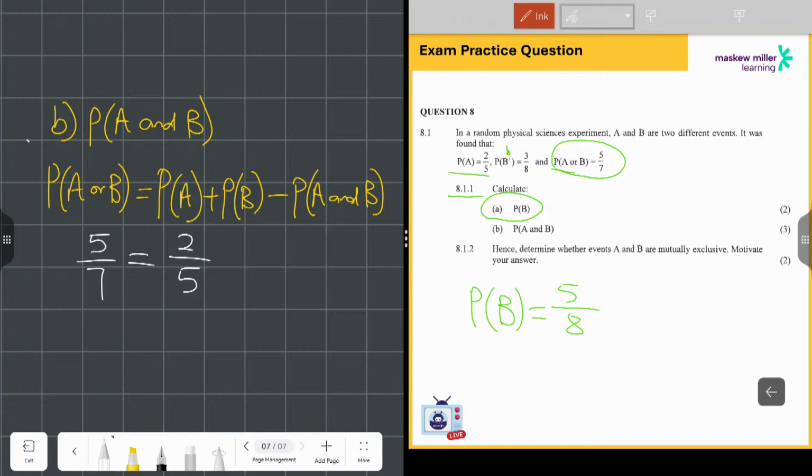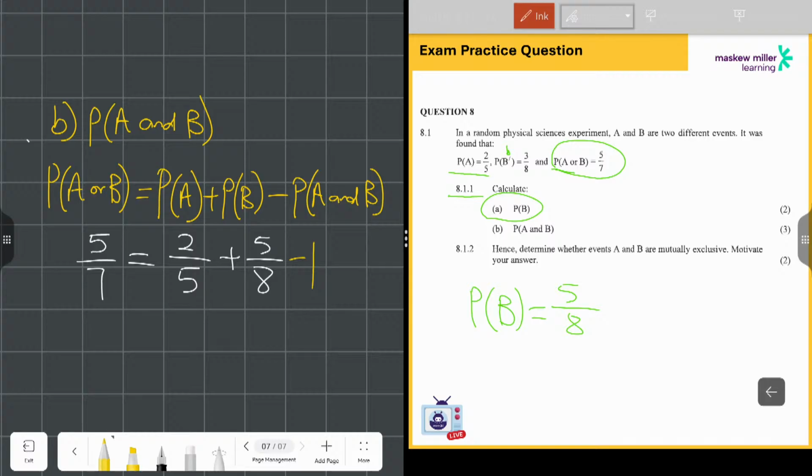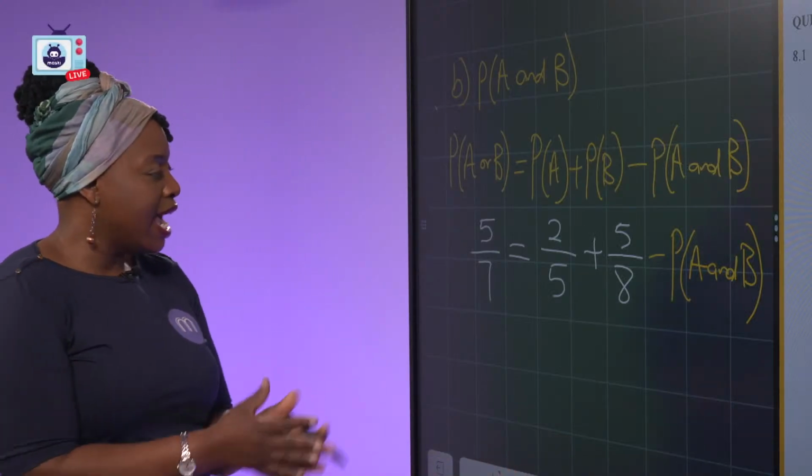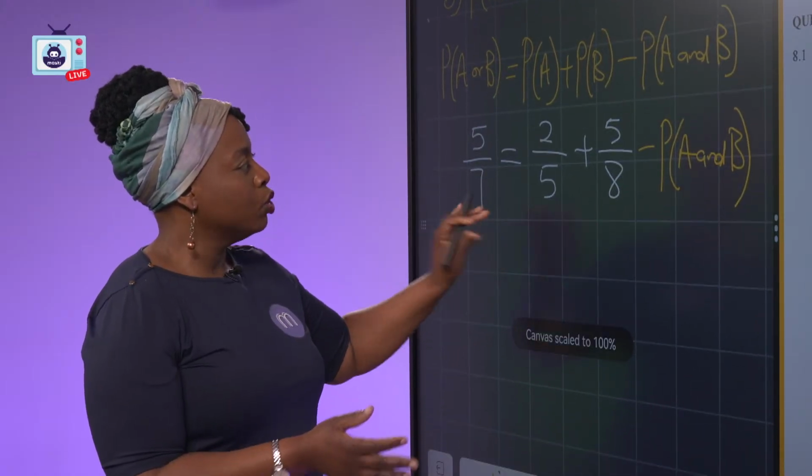I have just calculated the probability of B, which I said is 5 divided by 8. What I don't have is just the probability of the intersection, so I'm going to leave that. Easy, right? Because as soon as I have that, it shows what I'm looking for. Then you can quickly use your calculator, do what you have to do to get to the answer.